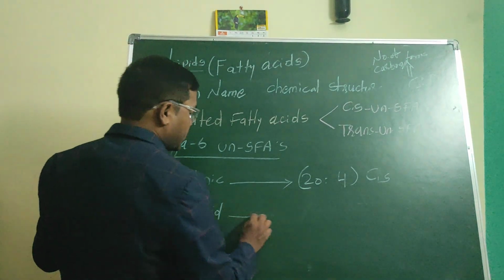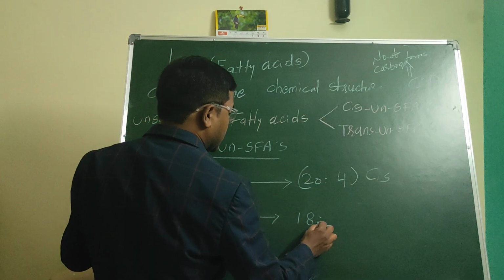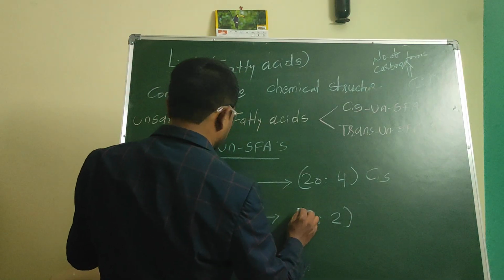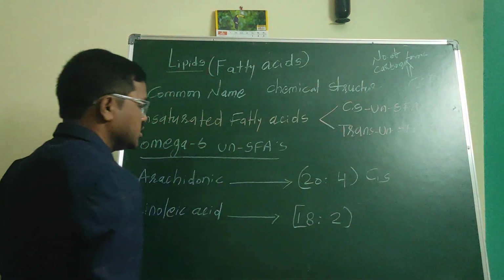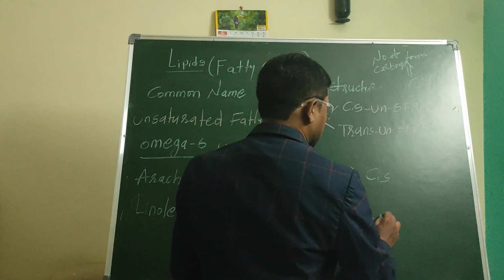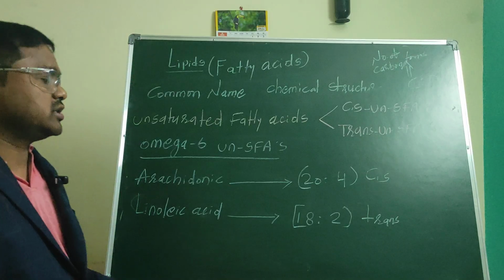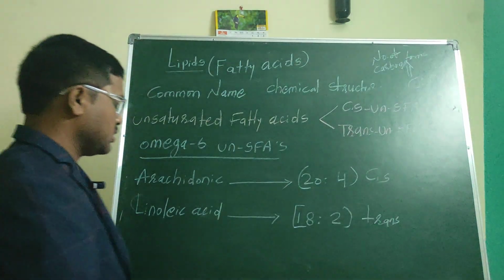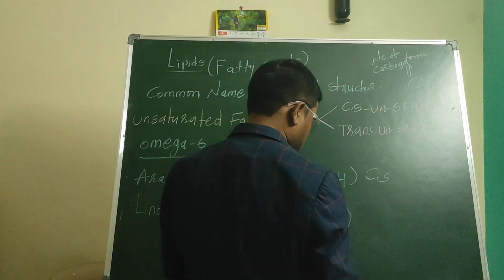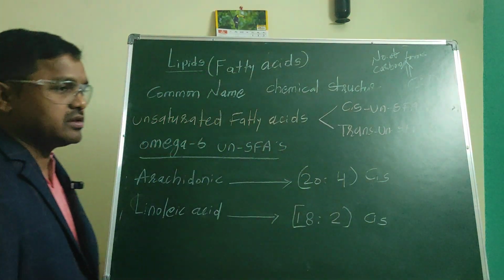The number of carbon atoms is 18 and the number of double bonds in linoleic acid is 2, and this is trans unsaturated. No, this is a cis unsaturated fatty acid.